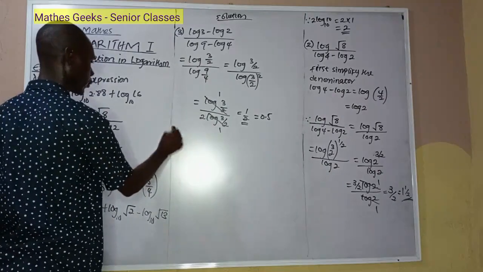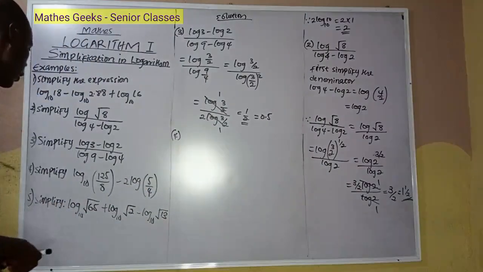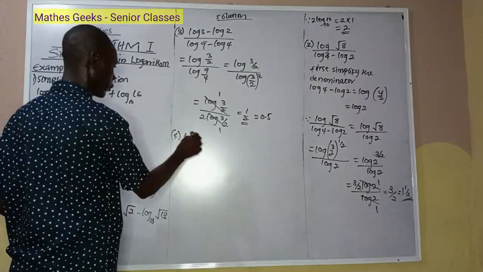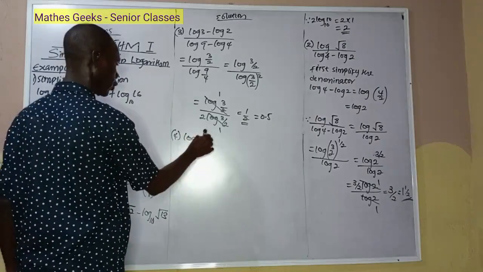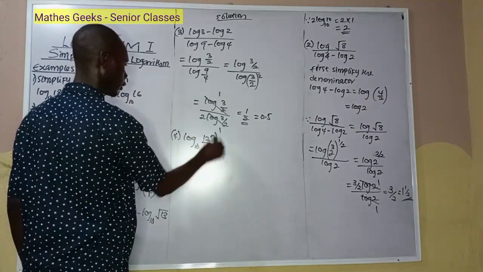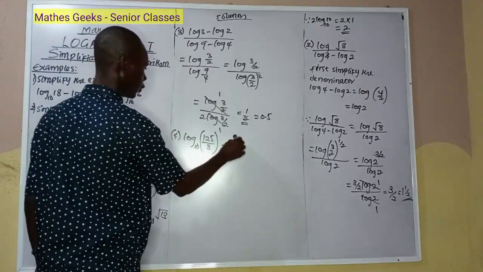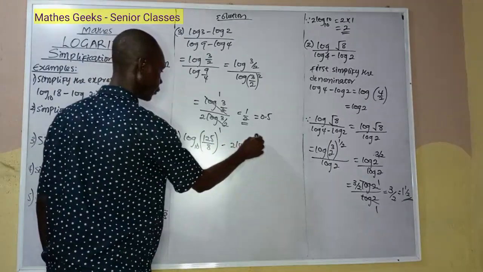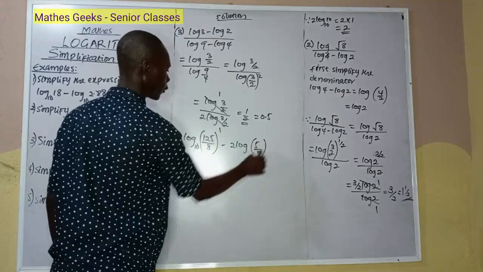Number 4, simplify log 125 over 8 minus 2 log 5 over 4.